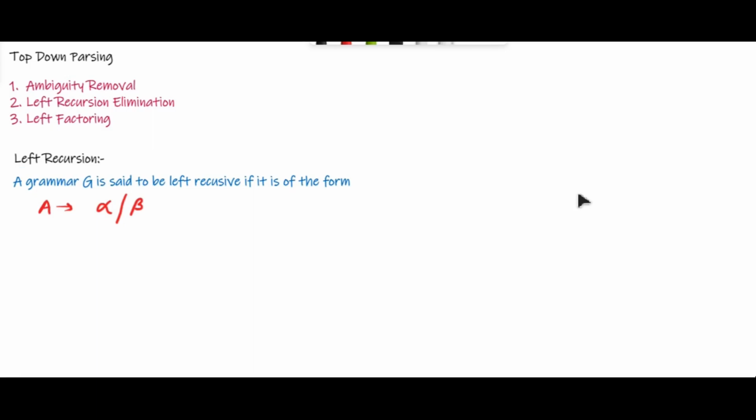Okay, good morning, everyone. Myself, Shuraun Shukla, and today we are going to discuss one of the important concepts related with parsing. As we all know, in top-down parsing, we start with processing the string from the start symbol of the grammar.